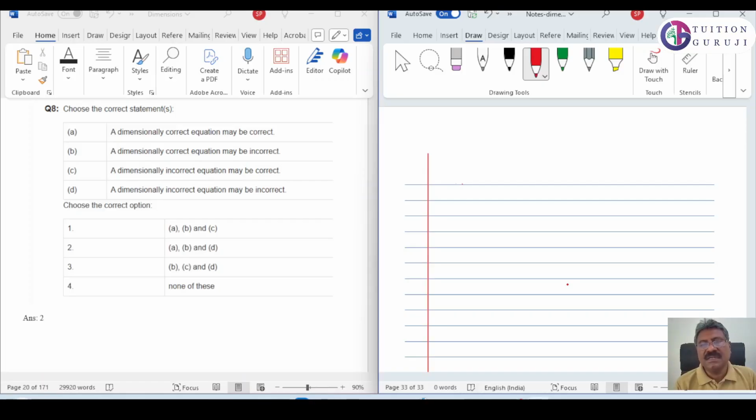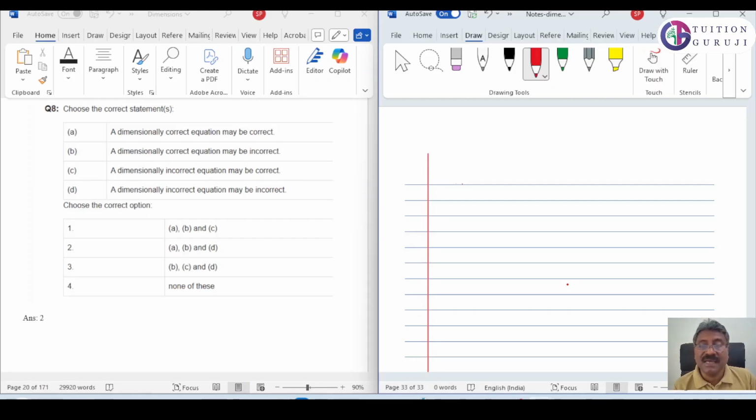Why? Because dimensional correctness does not guarantee the correctness of the constants. Then, a dimensionally correct equation may be incorrect. That's also correct, because if the constants are not correct, it may be incorrect.